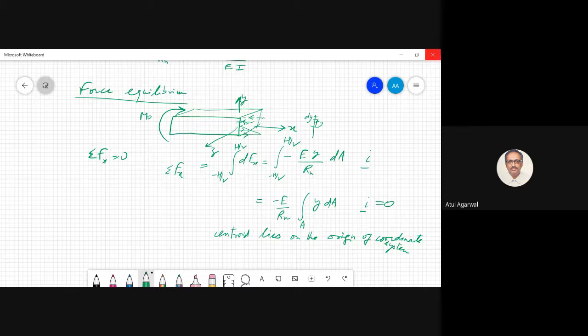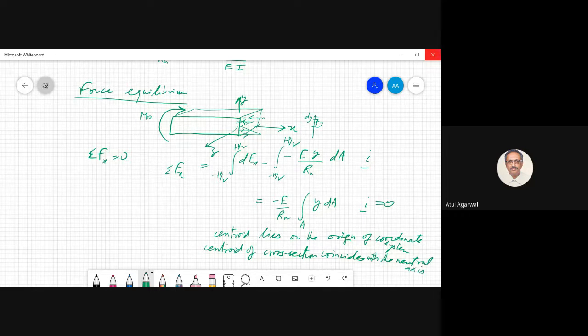So this y has to be measured from the centroid. Only then you can get a 0. So we come to know the centroid and neutral point coincide. The centroid of the cross section coincides with the neutral point. This point, neutral point, is called the neutral axis. I will explain it to you.